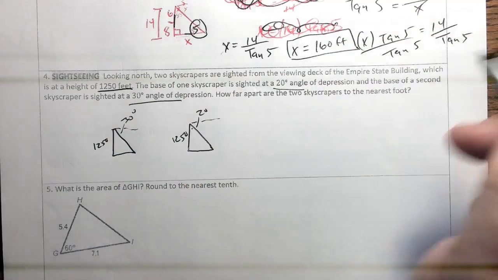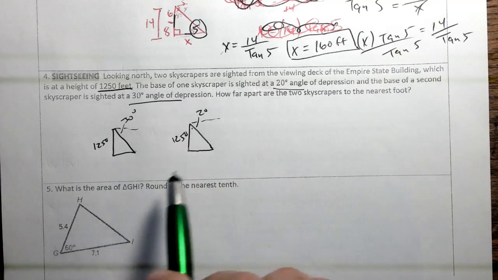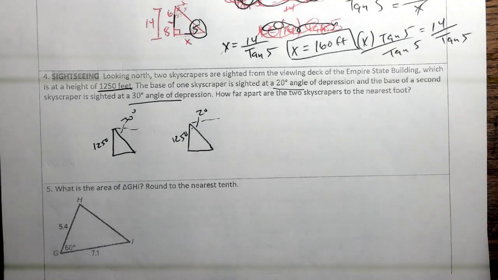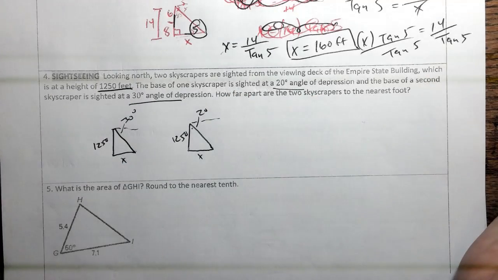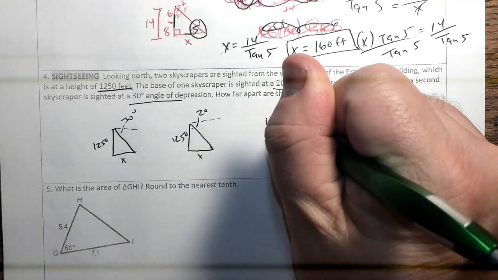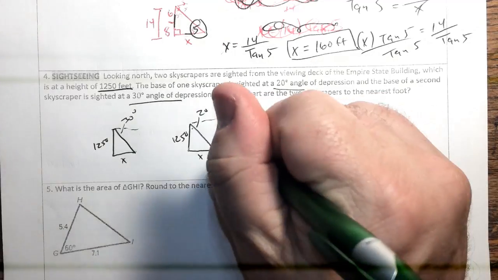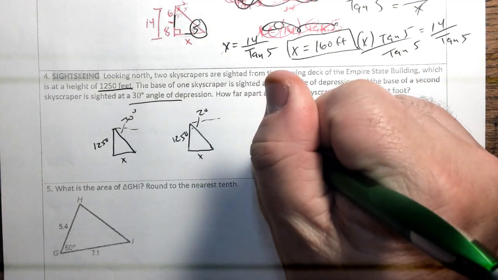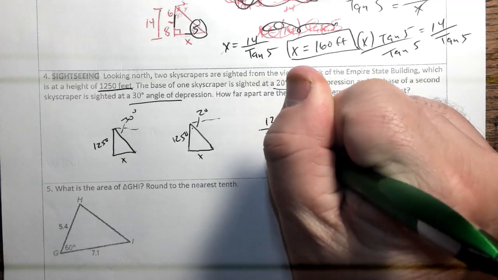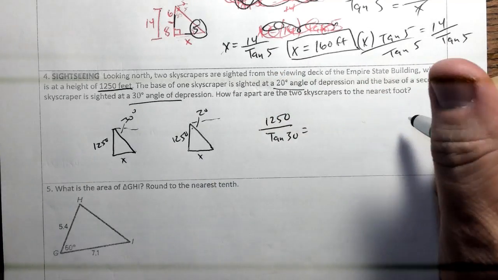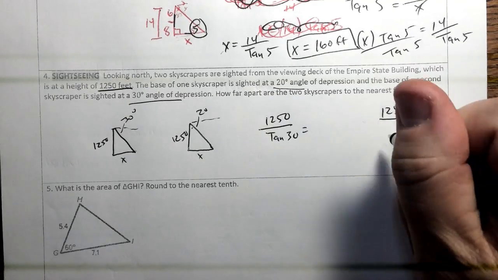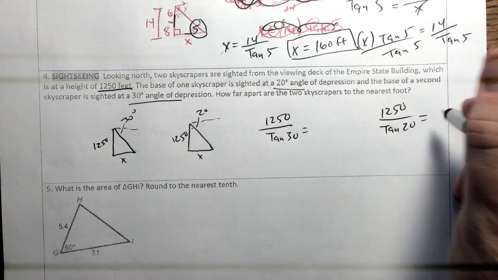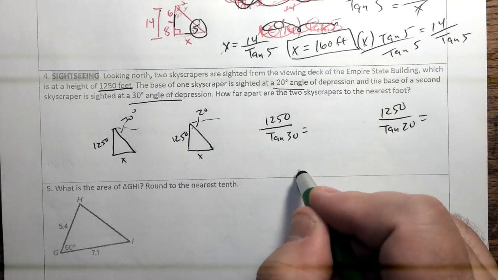They want to know how far apart the two are to the nearest foot. We're looking for this and this. So x equals 1,250 divided by tangent 30, which gives us skyscraper 1. And 1,250 divided by tan 20 gives us skyscraper 2. And then we subtract them both.